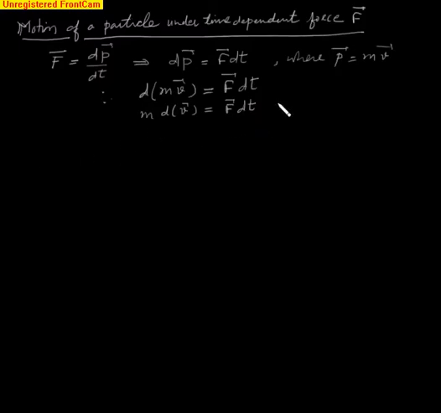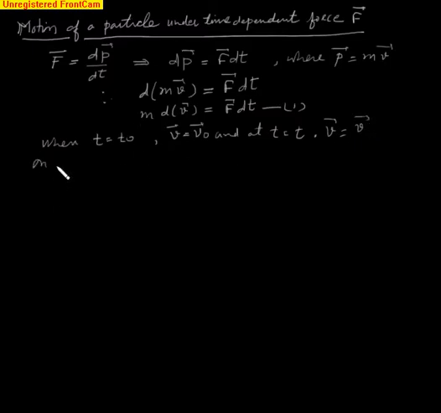Now we will integrate this equation number 1 with initial conditions that when t is equal to t0, v is equal to v naught, and at any later time t, v will be equal to v.